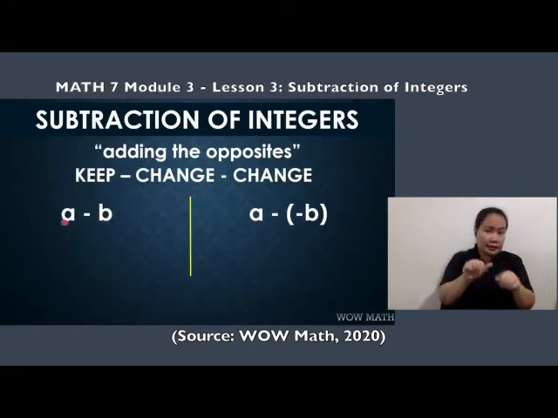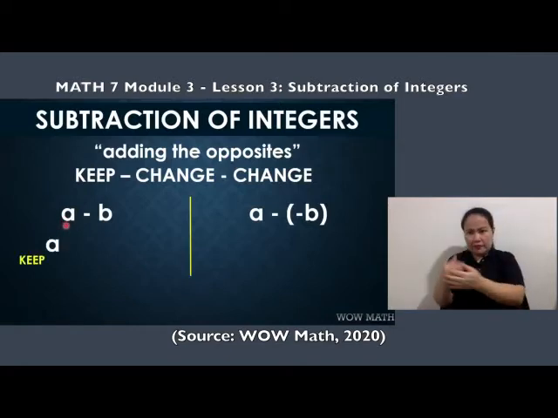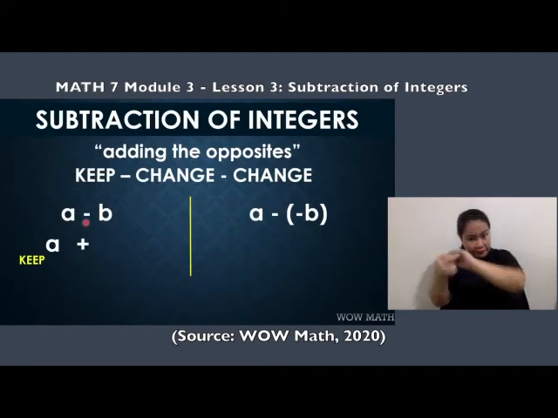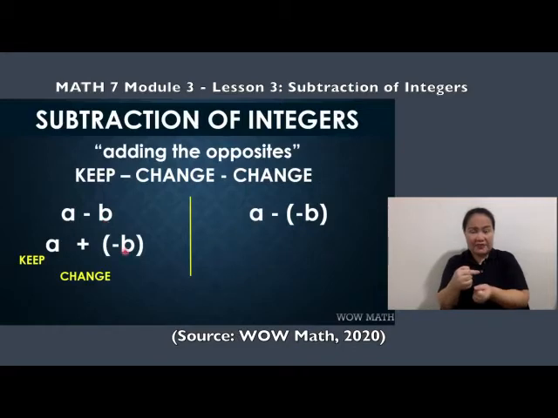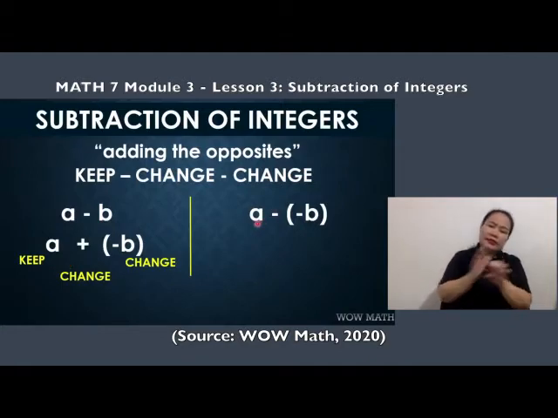So, if you have A minus B, we will keep A and then change from minus, that will become addition, so change. And then this is also change. So, since this is a positive, that will make it negative. Okay? And then, so, another. This is keep. This is change.